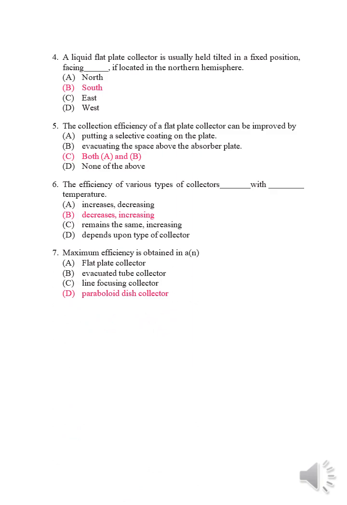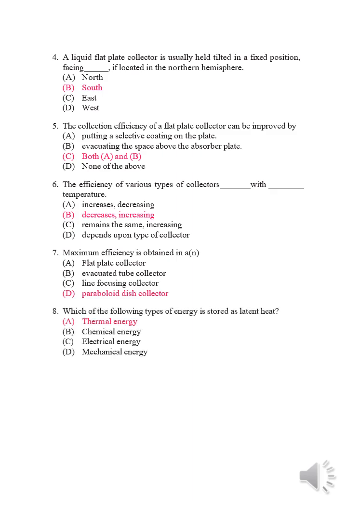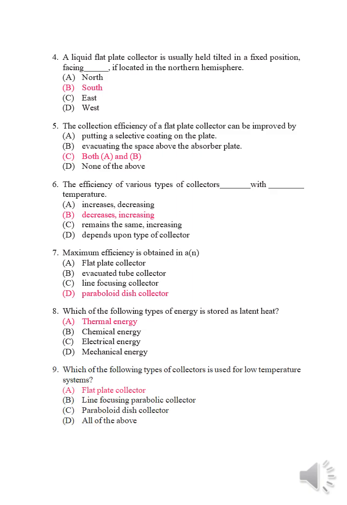Next, maximum efficiency is obtained in parabolic disc collector. Which of the following types of energy is stored as latent heat? Latent heat means thermal energy. So this is a very basic question.